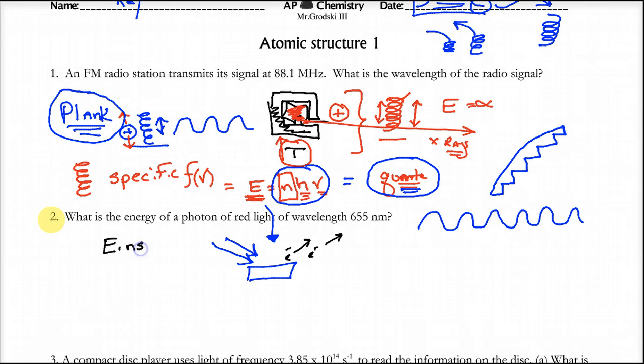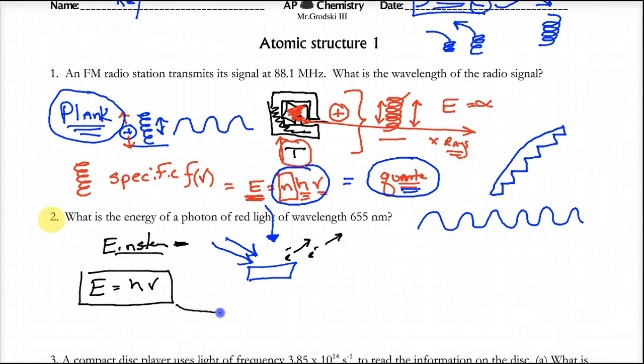in his very famous 1905 paper, Einstein believed that light was quantized and its energy is equal to Planck's constant times the frequency, but he explained this equation in terms of per photon. And a photon is nothing more than a particle of light.